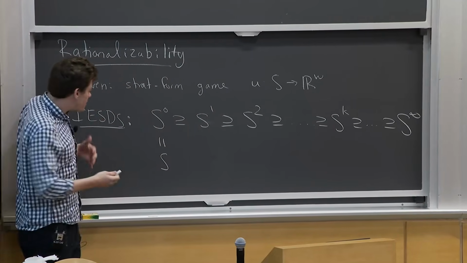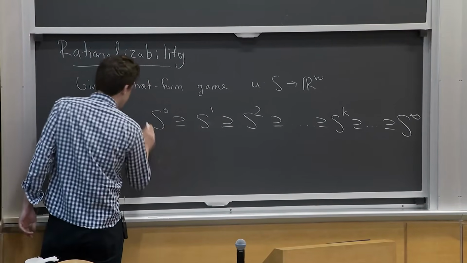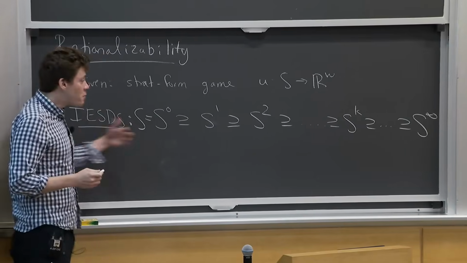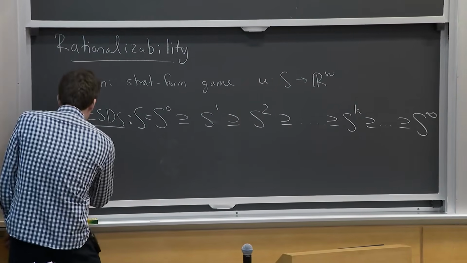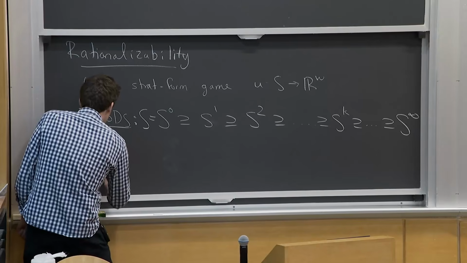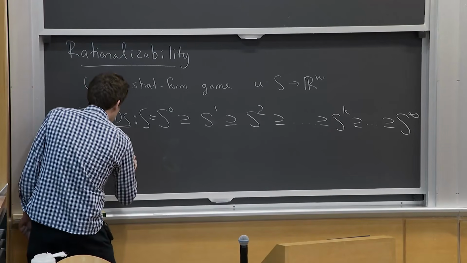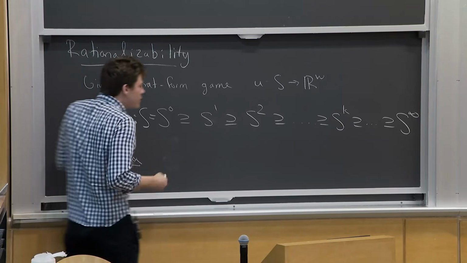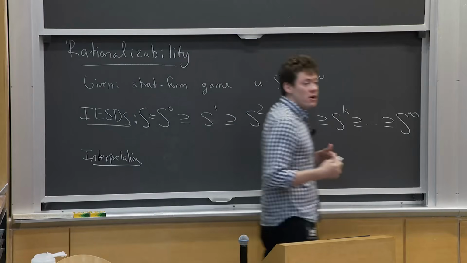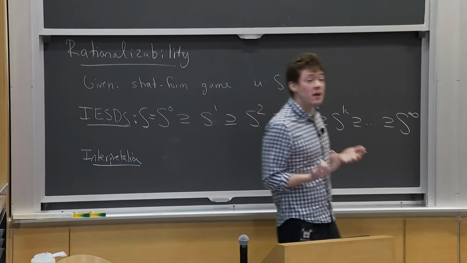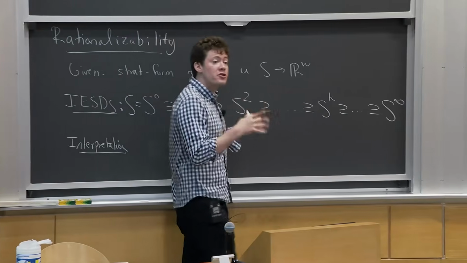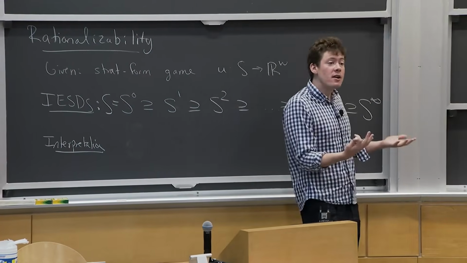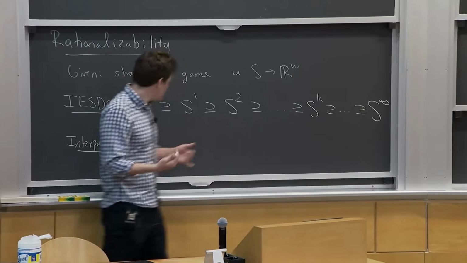And it's important to understand, maybe I'll write this up here, the interpretation of each of these sets. The interpretation is that as we're willing to make stronger and stronger behavioral assumptions about the way that the players play, we're able to make sharper and sharper predictions about the strategies that we could observe in practice.